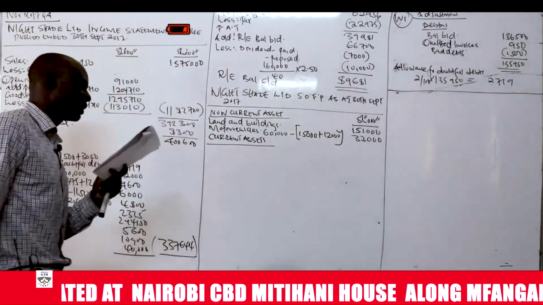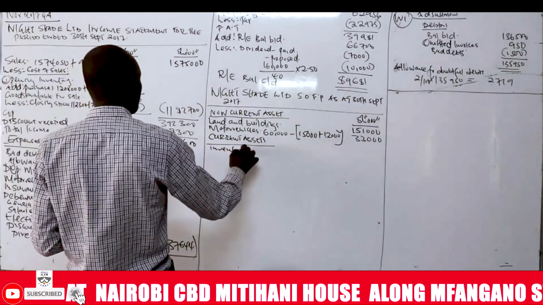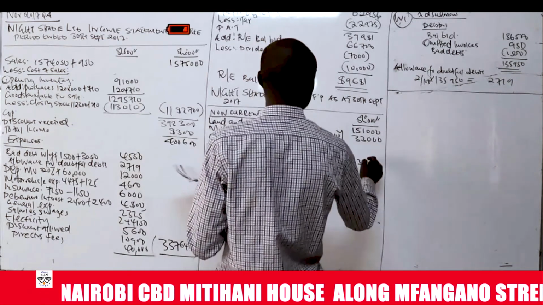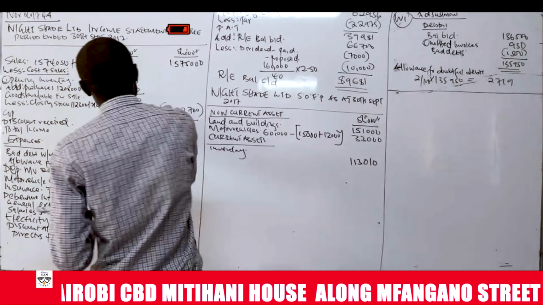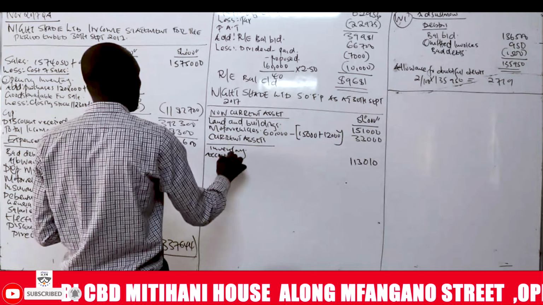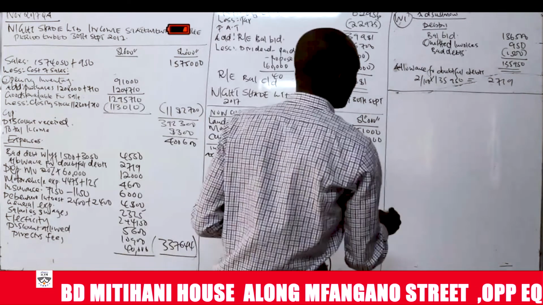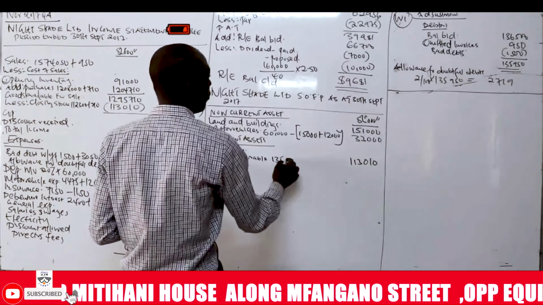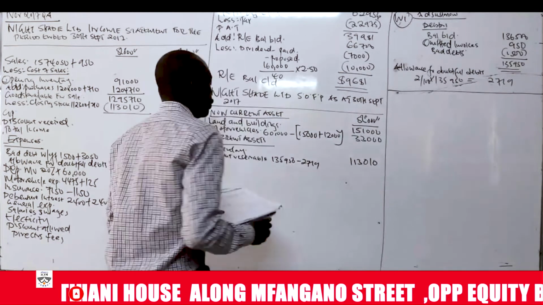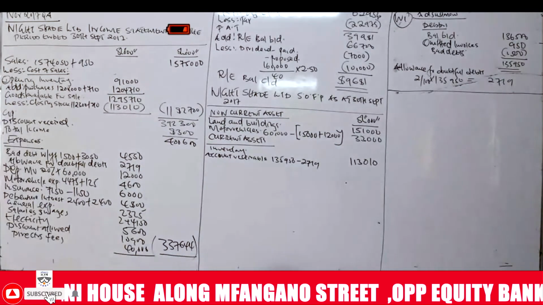So your current assets, we have inventory, the closing inventory, which was 113,010. And then we have trade accounts receivable, 135,950, minus 2,700. You must deduct the provision for bad debts from the total balance of receivables.